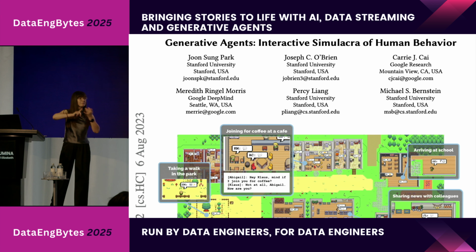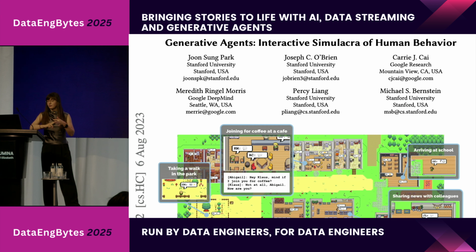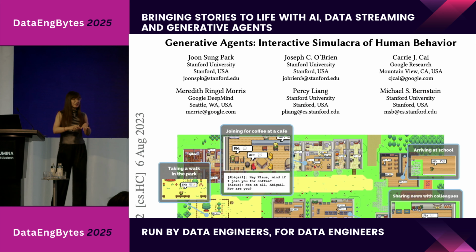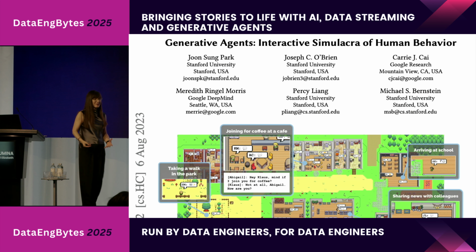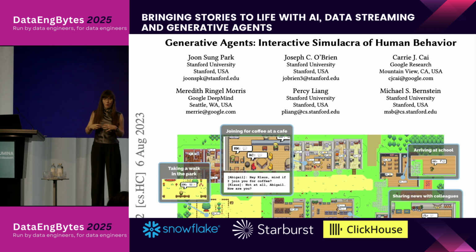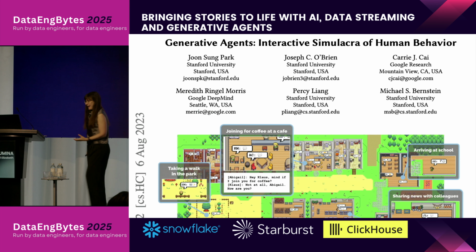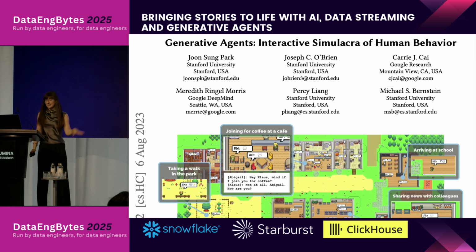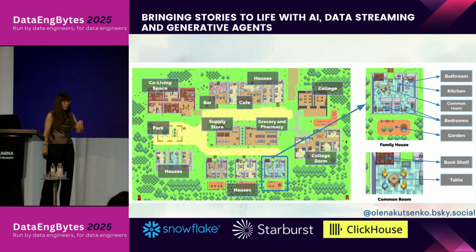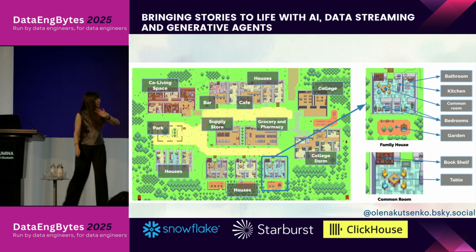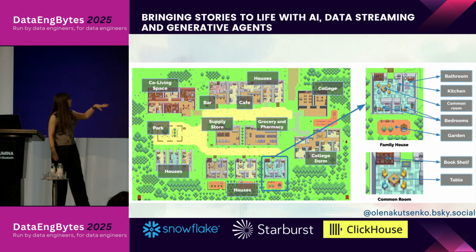And they simulated memory, observations, reflections, everything which actually helps to build up this self-reflection of an agent. Also, they added some interactions to create a common goal for some agents to achieve. So the whole village, or I call it a village, they probably call it something else, has a lot of different areas.